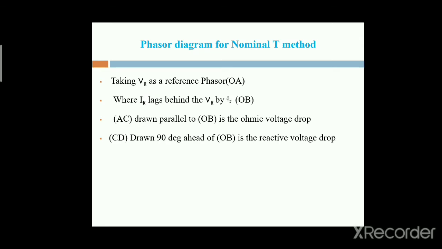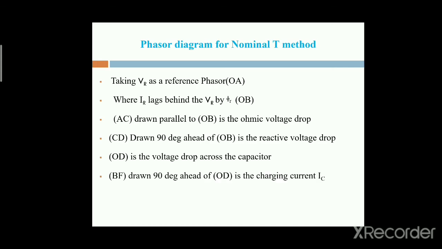Then CD drawn 90 degrees ahead of OB is the reactive voltage drop, that is the IR X by 2. Next, OD is the voltage drop across the capacitor. Next, BF drawn 90 degrees ahead of OD is the charging current IC. Next, OF is the sending end current IS.